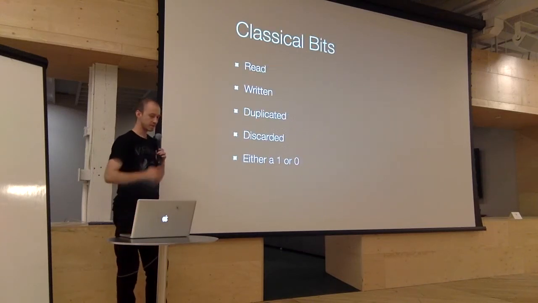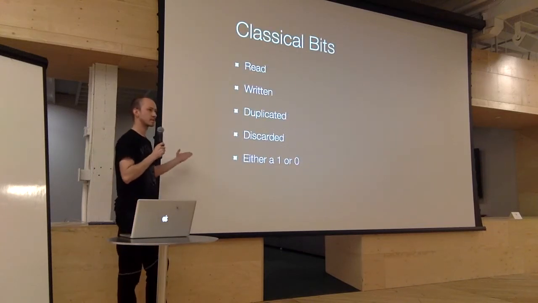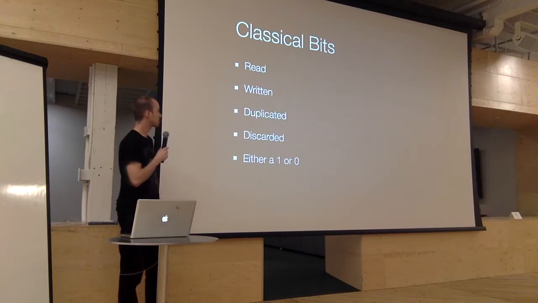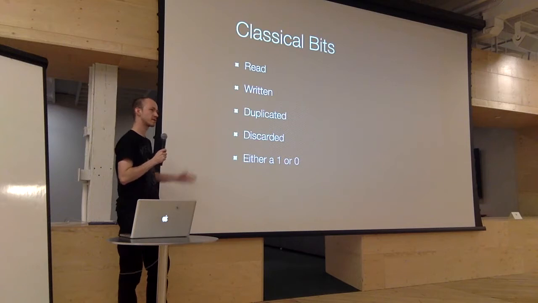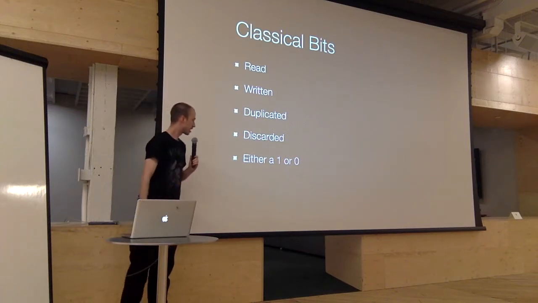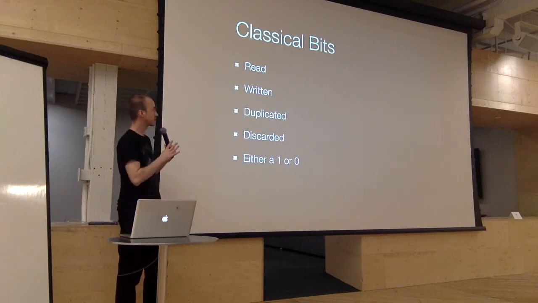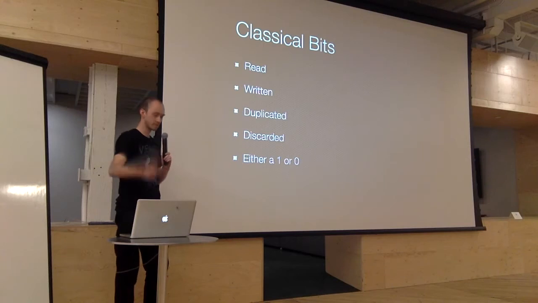The classical bits you know and love are the same as on every other computer you use. No surprises. It has to be either a 1 or a 0, no magic, other than the usual digital wonder. Classical bits can be duplicated endlessly, which is a property of digital information, and you won't see that in quite the same way in quantum systems.